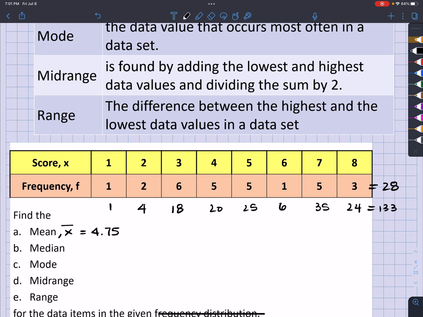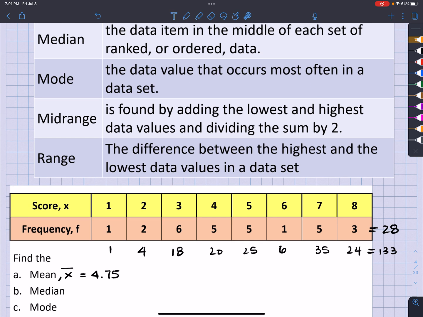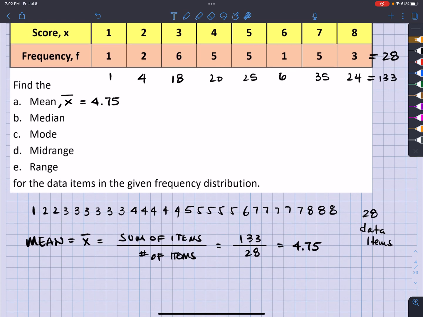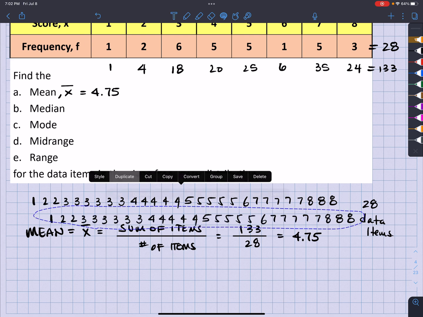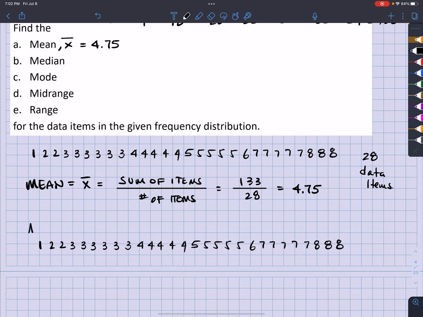So median is the data value that occurs, the data item in the middle after it is ordered. So the median is the one in the middle. So if I had to find the median, I still want this ordered part right here. So let me bring it down, and I'm going to label this as my median.